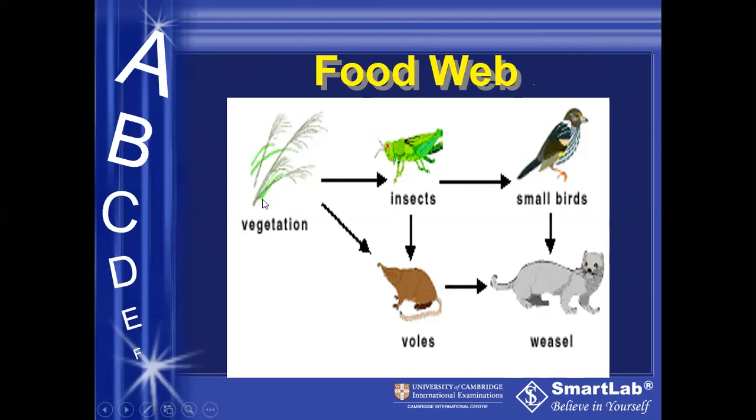So you can see the first food chain is from vegetation, insect, small bird to weasel. Then the second food chain is vegetation, voles to weasel. And finally, the last one is from vegetation, insect, moles, and weasel. So altogether, there are 3 food chains in this food web.